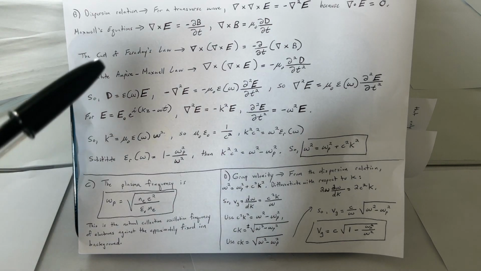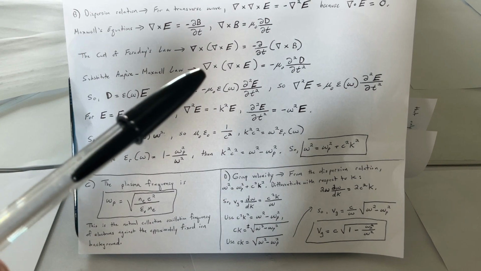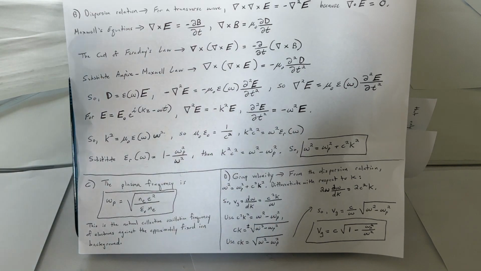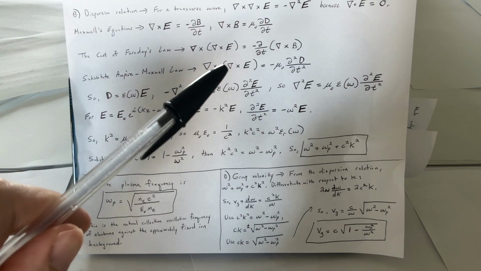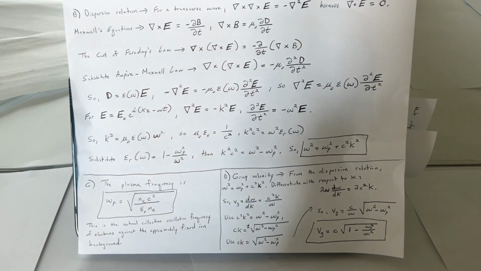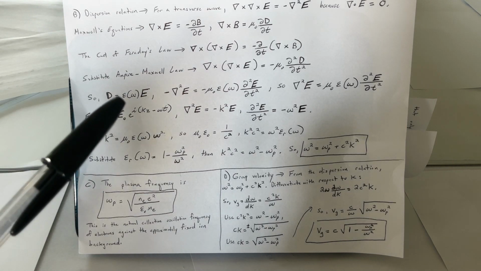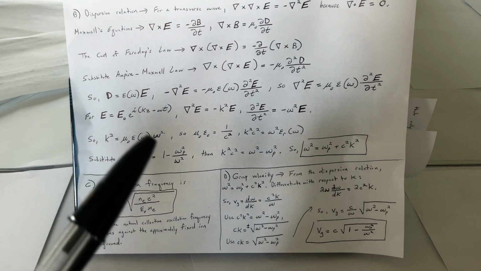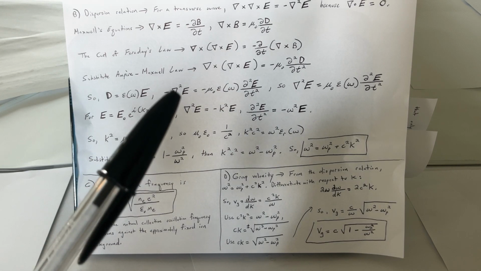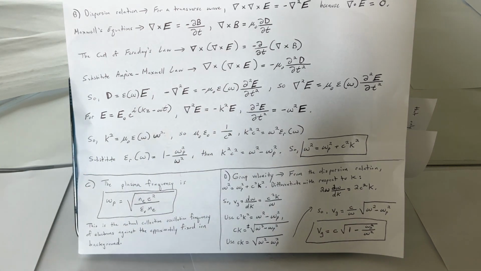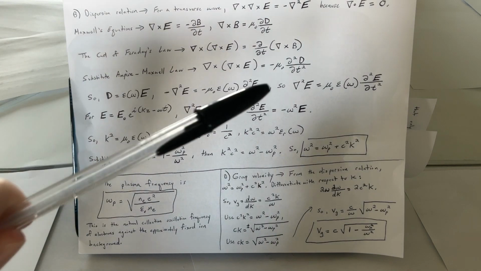So substituting for the Ampere-Maxwell law, we get del cross (del cross E) equals negative mu naught times the second partial derivative of D with respect to t. So D equals epsilon of omega E, negative del squared E equals negative mu naught epsilon of omega times the second derivative of E with respect to t.